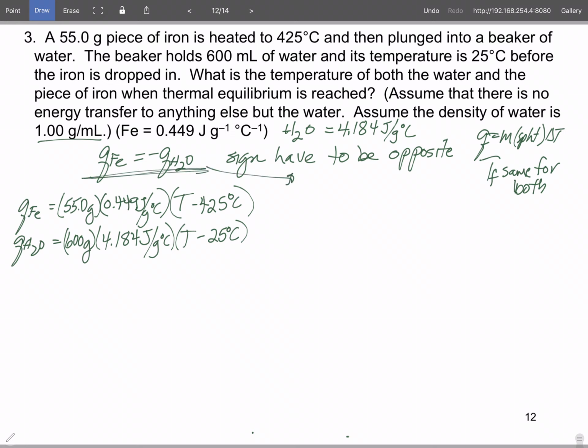Again, it doesn't matter who gets the negative. I designated the water to get the negative, but it really doesn't matter. So I'm going to set up Q of iron is equal to minus Q of water.